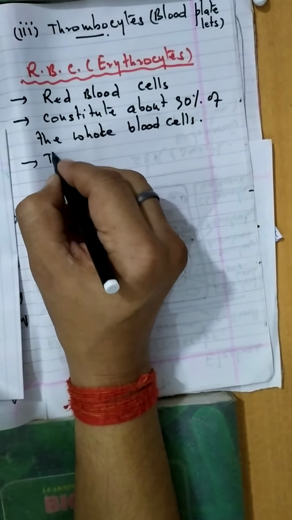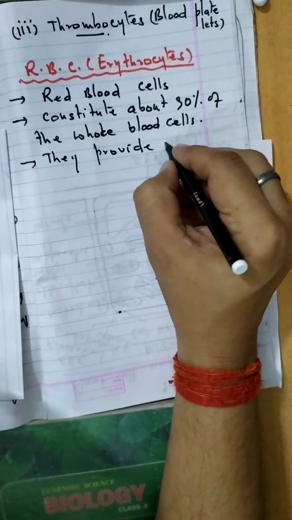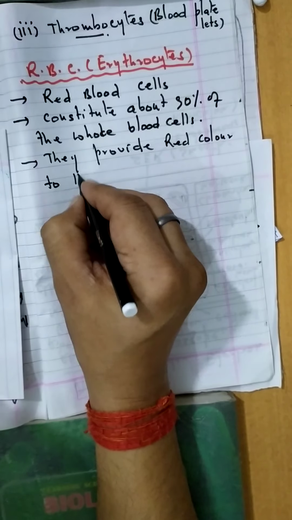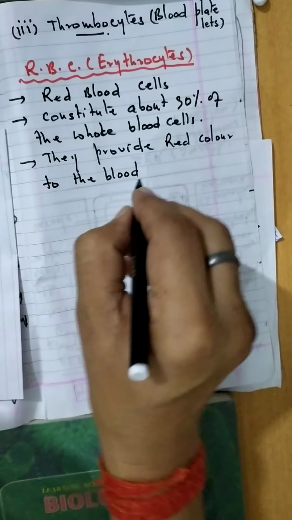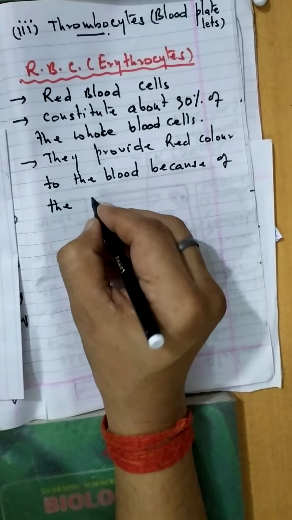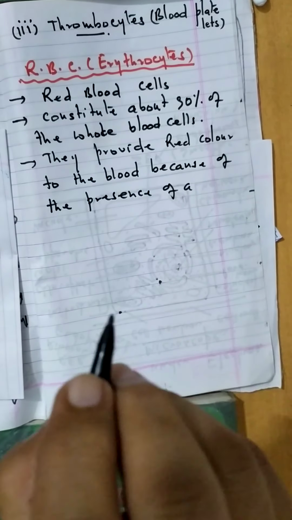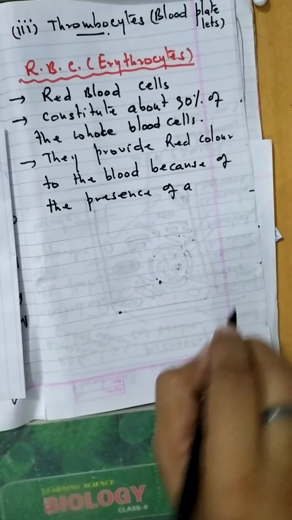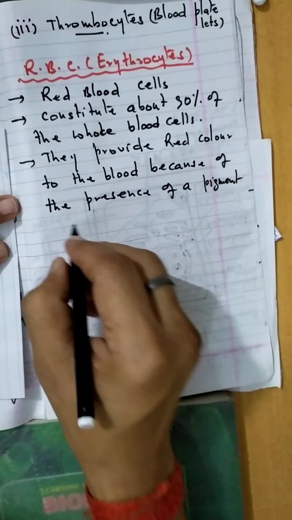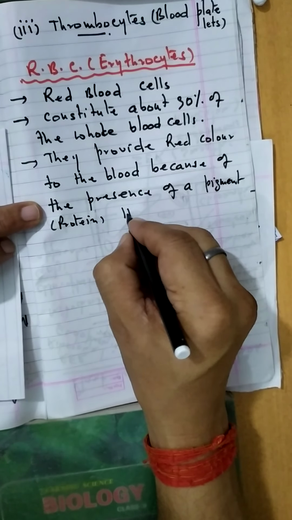They provide red color to the blood because of the presence of a pigment, or protein you may say, hemoglobin.